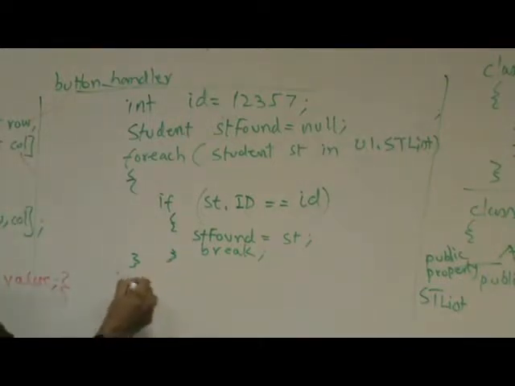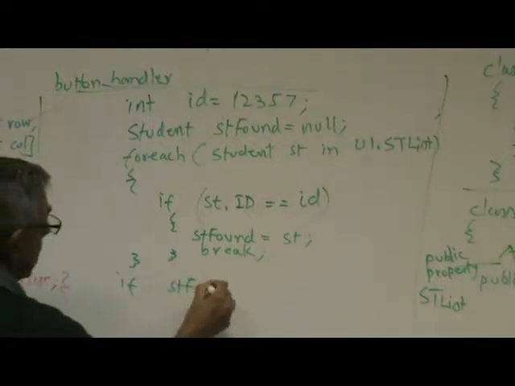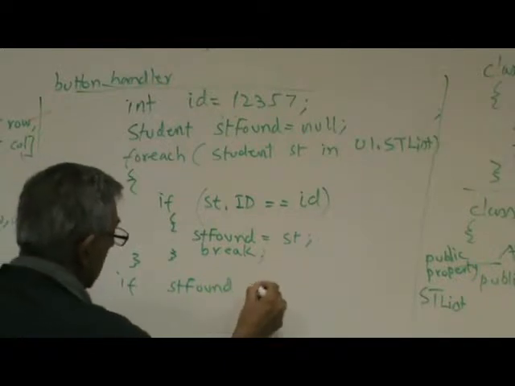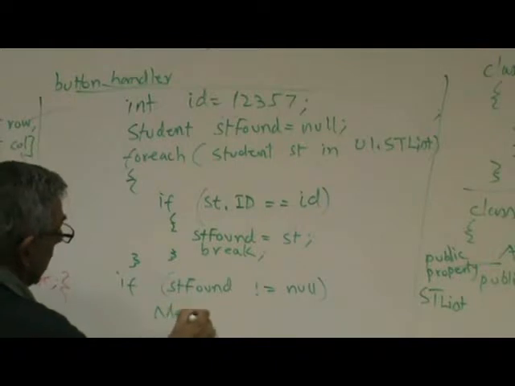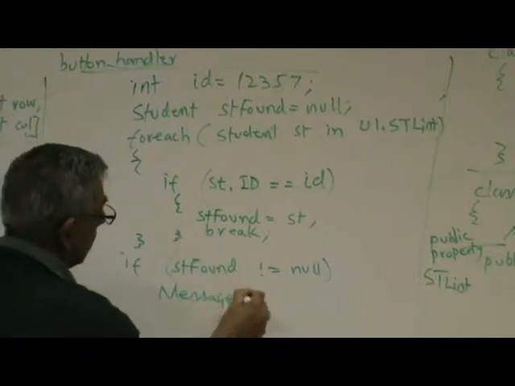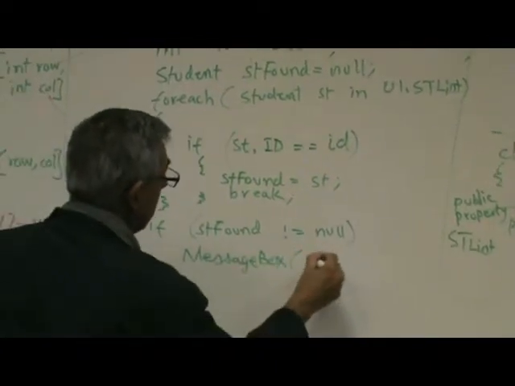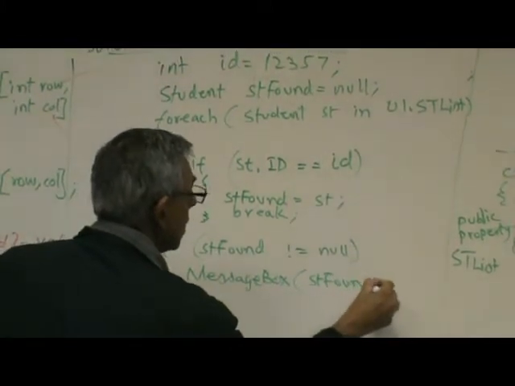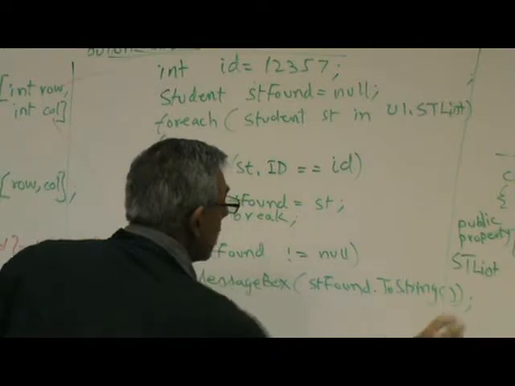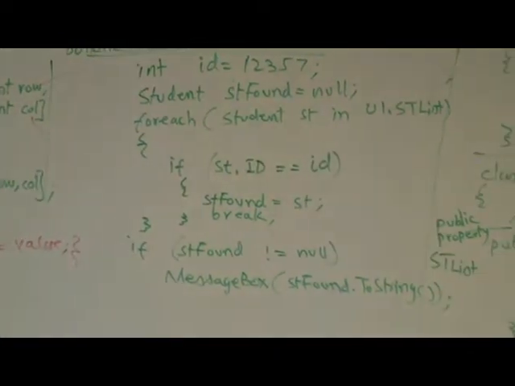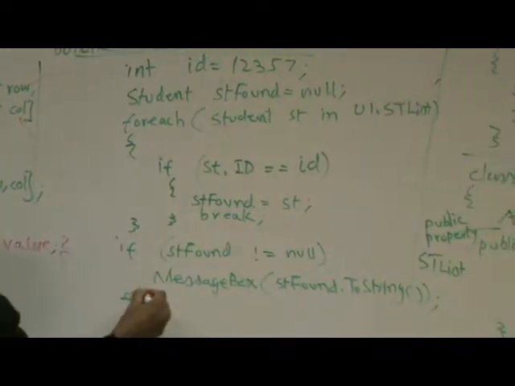And then we will check if st found is not equal to null, and then display the student information. So st found.ToString. Otherwise, if we did not find it, we can simply say it doesn't exist.